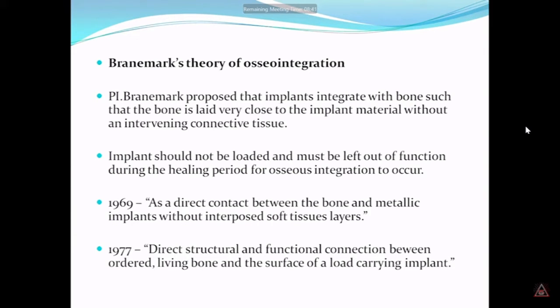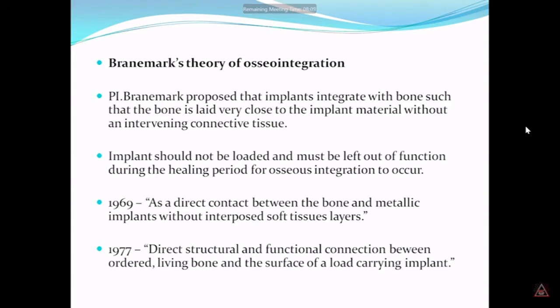Brånemark proposed that implants integrate with bone such that bone is laid very close to the implant material without an intervening connective tissue. So I'm telling you, bone will directly attach with the implant surface. There should not be any kind of fibers in between these two.